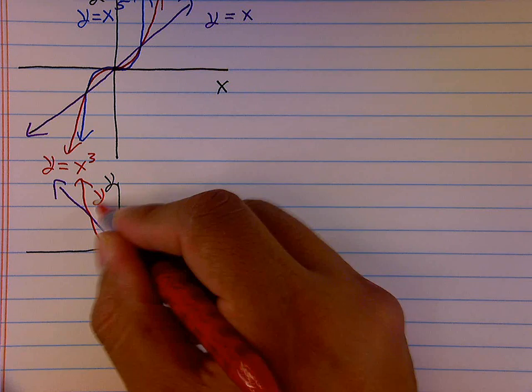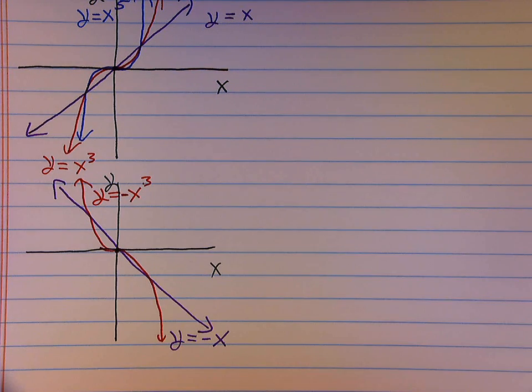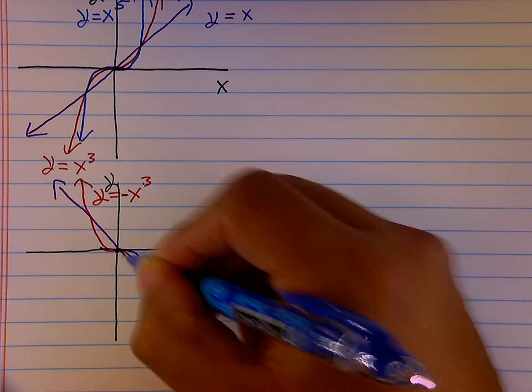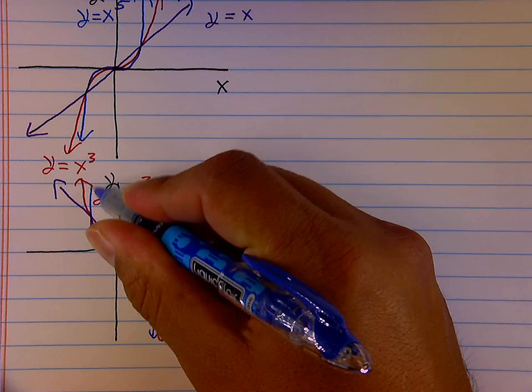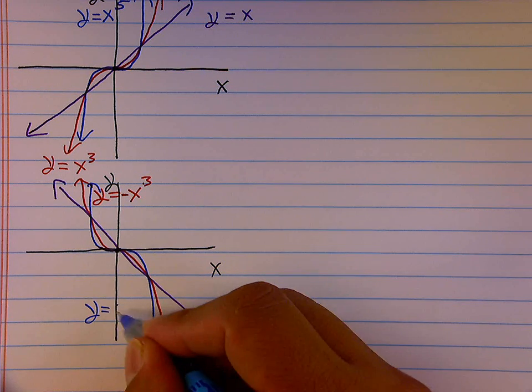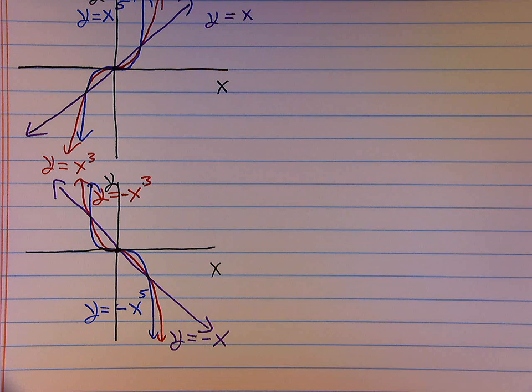this one is the negative x cubed. And if I was to look at y equals negative x to the fifth, the left and right hand sides are going in the same direction that a straight line goes that has a negative in front of it.